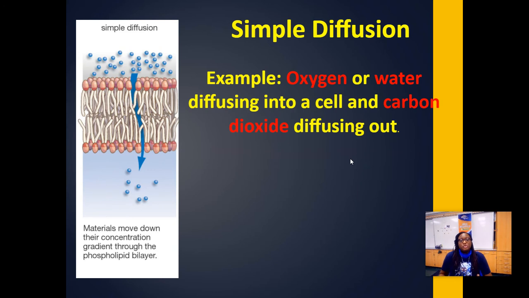So simple diffusion occurs within the cell without needing anything larger, with things like oxygen or water, which usually diffuse into the cell, and carbon dioxide, which is a waste byproduct when we go over photosynthesis and respiration. Carbon dioxide is a product of respiration, and that needs to leave the cell and diffuse back into our blood.